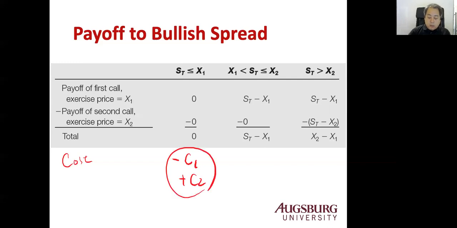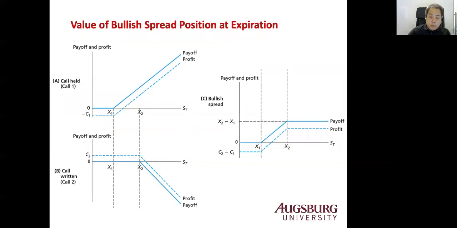So that's the cost, C1 minus C2. It is the maximum loss, and then it increases up to this portion, and then you have the maximum gain too. So you have a floor, you have a ceiling.